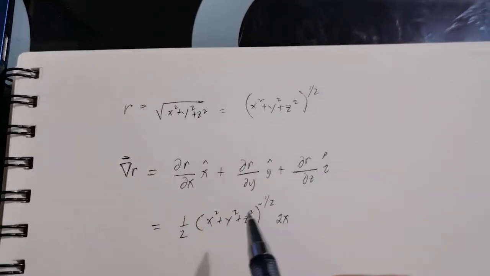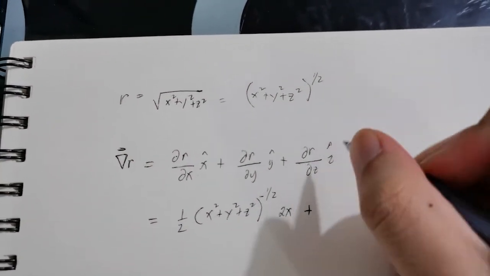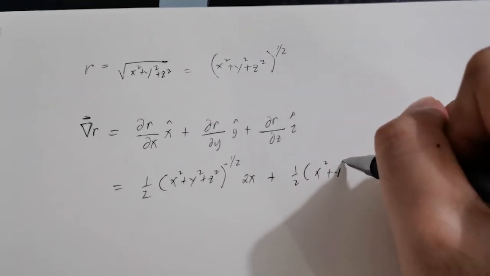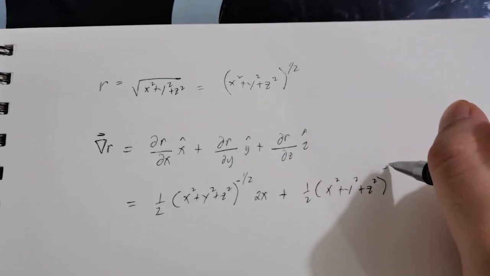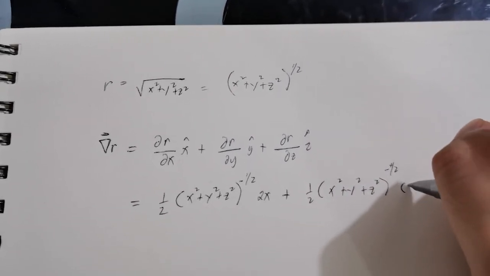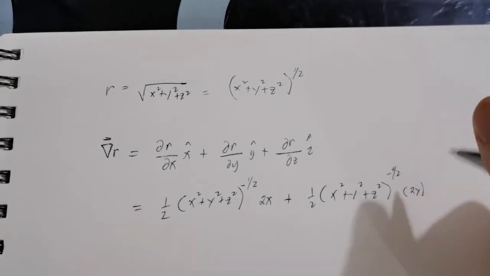You take the same process. So that gives us 1/2 (x squared plus y squared plus z squared) to the negative 1/2, then the derivative of the inside, which is 2y.